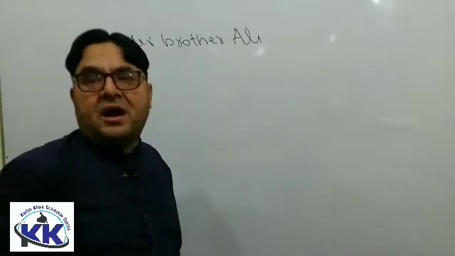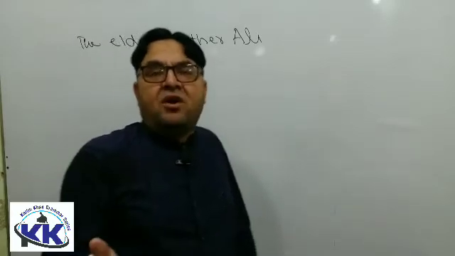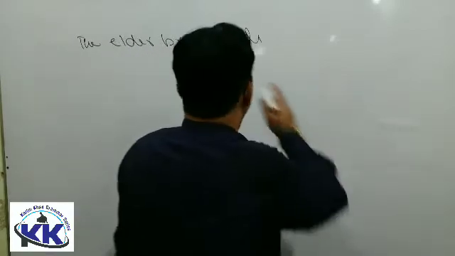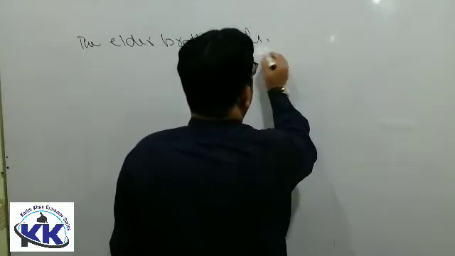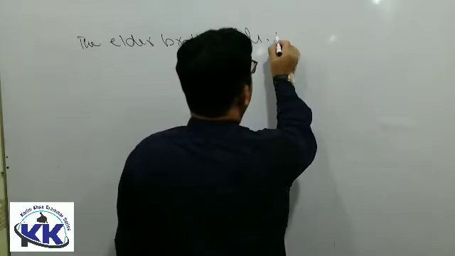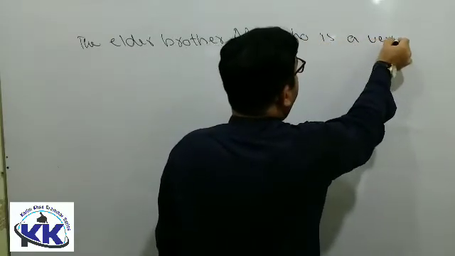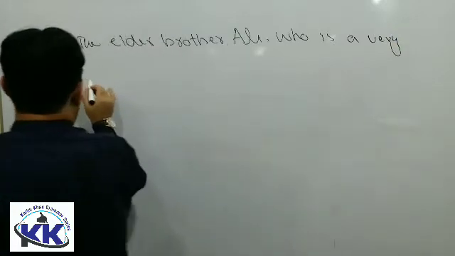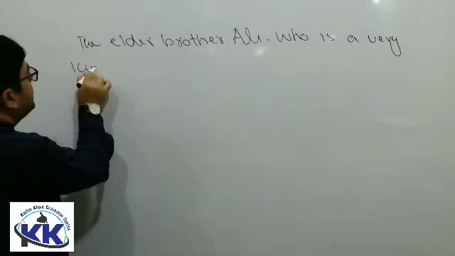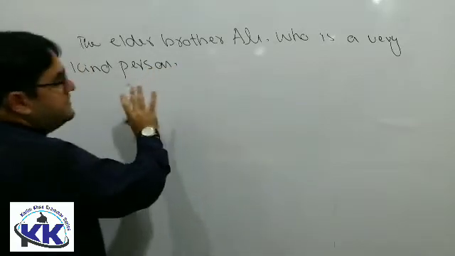It's a proper noun, Ali, so my adjective clause will be non-essential. That will be just a modifying clause, not an identifying clause. The elder brother Ali, then I should separate the clause with a comma, who is a very kind person. Who is a very kind person, clear?